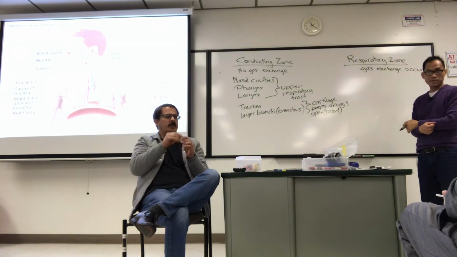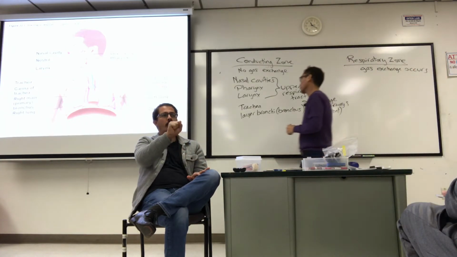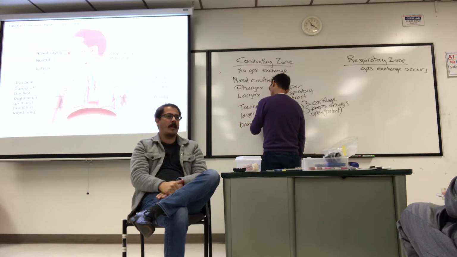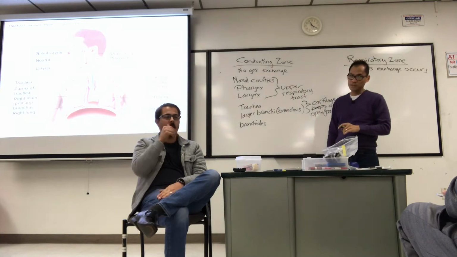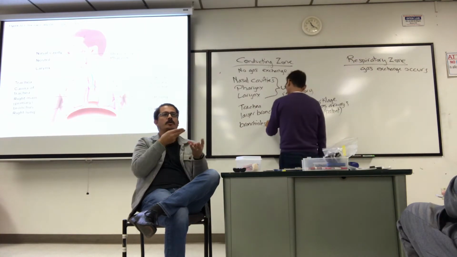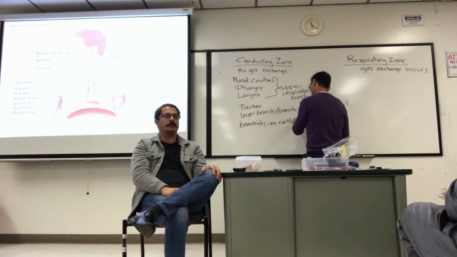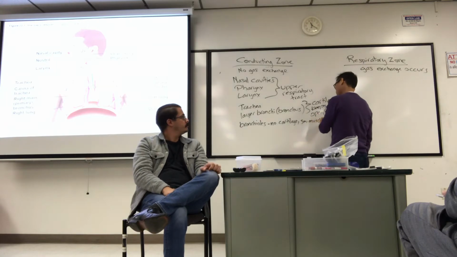The smallest airways are called bronchioles, like arterioles. And they do not have cartilage, but they have smooth muscle. So I'm going to write no cartilage, smooth muscle.